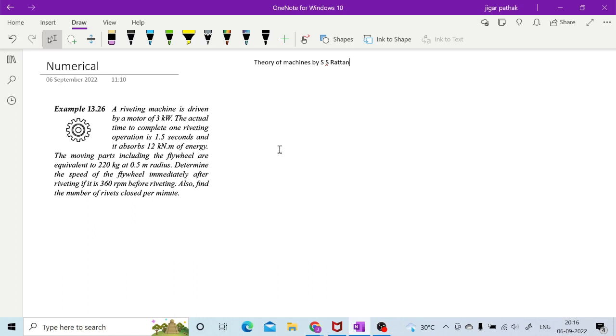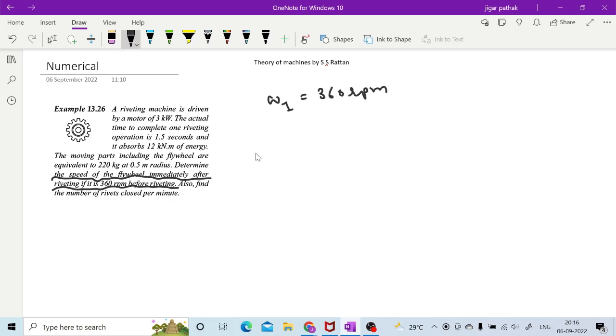So now what we are going to do is, first you are provided with the data of the speed of the flywheel immediately after riveting, if it is 360 rpm before riveting, which means omega 1 is provided as 360 rpm, right?